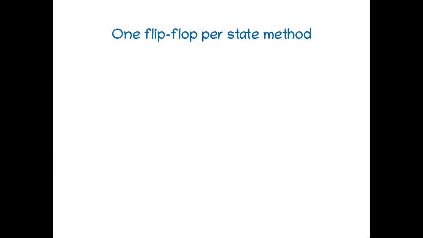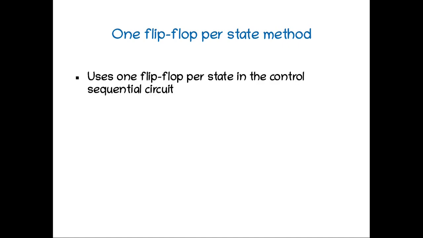First, we discuss in detail the one flip-flop per state method. It uses one flip-flop per state in the control sequential circuit. In a digital system, we can have different states that change based on the present state and also some external inputs.